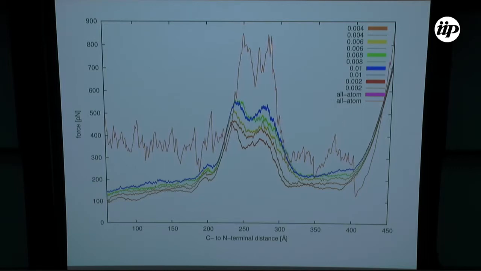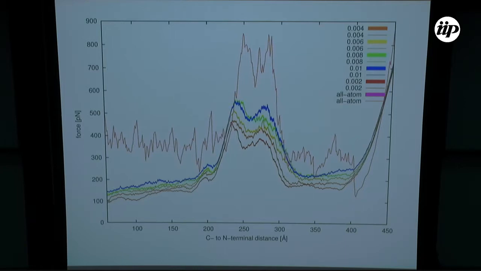But when we slow down the pulling speed from 0.01 to 0.02, the force is decreasing. It's clearly the effect of pulling speed that the protein resistance force is larger. Also, it is shifted to the larger values, which is also an effect of pulling speed.